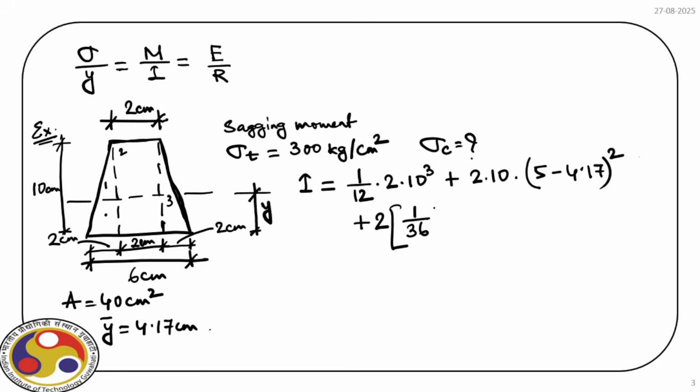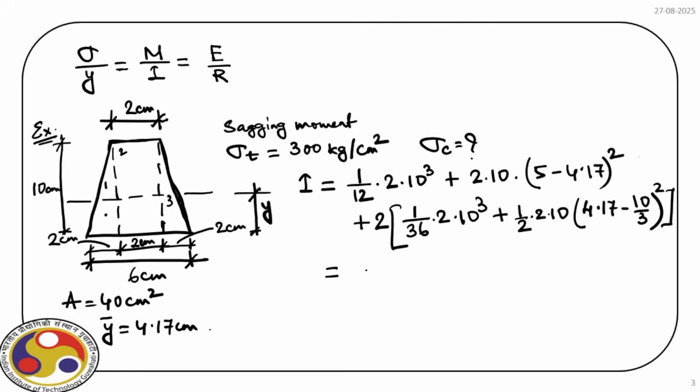So 1 by 36 times 2 times 10 cube, plus the area of each section, half times 2 times 10, and then the CG, which is 1/3 from the base, so 4.17 minus 10 by 3, whole square.